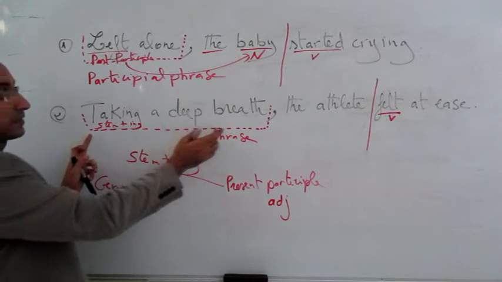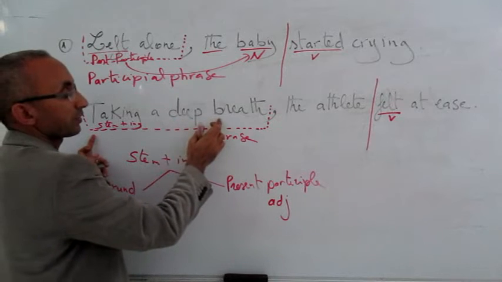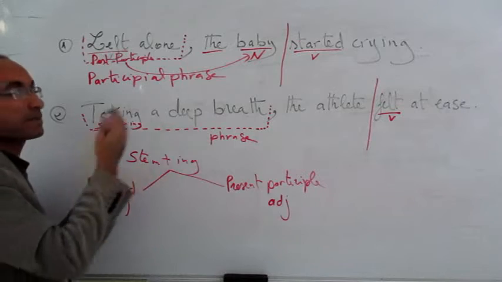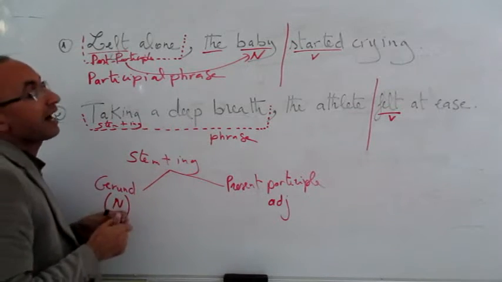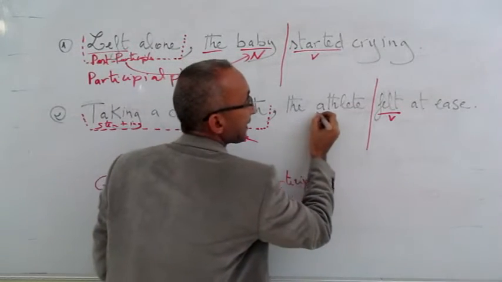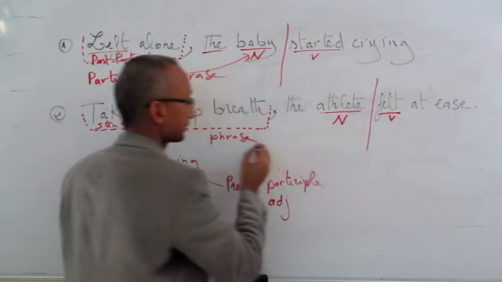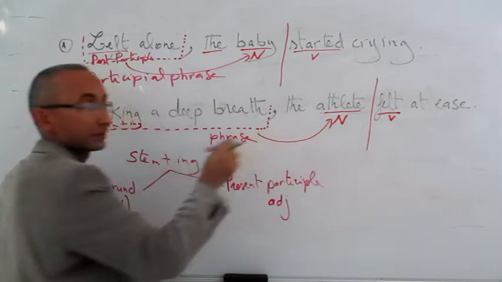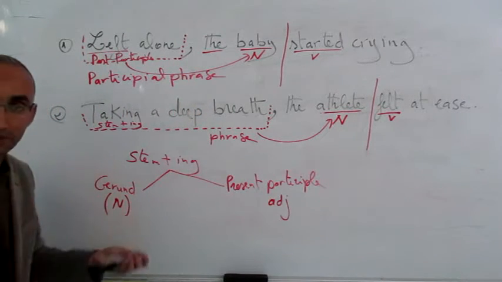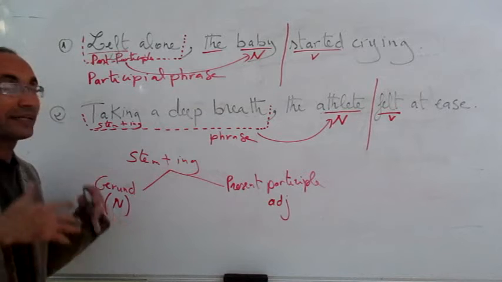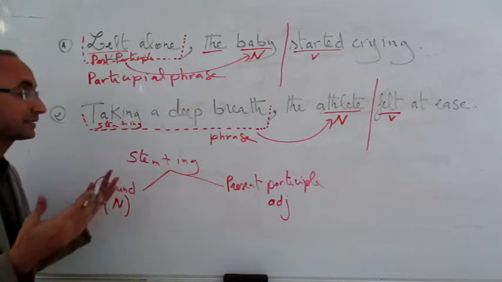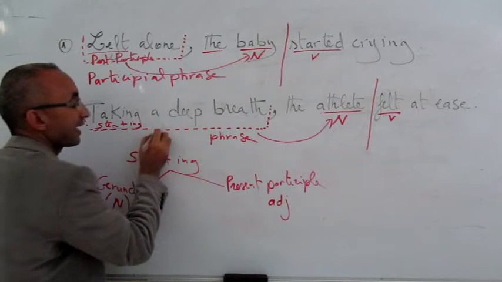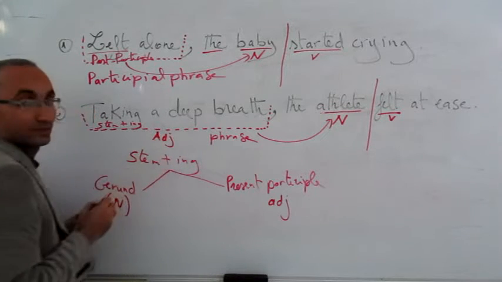Now look at this phrase. Taking a deep breath. Who is taking a deep breath here? Who is described by this phrase? Here it is the athlete, a noun. This phrase refers to and modifies a noun. And we know in English that all that comes to modify a noun is usually considered an adjective.